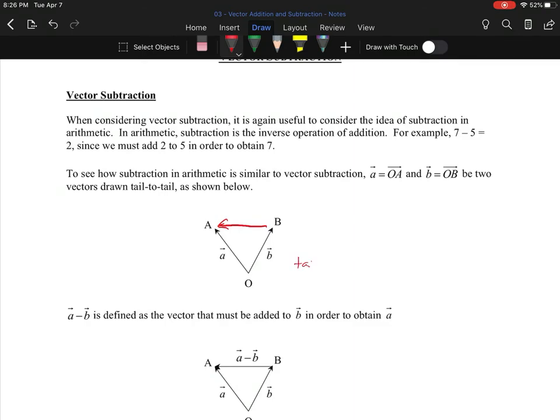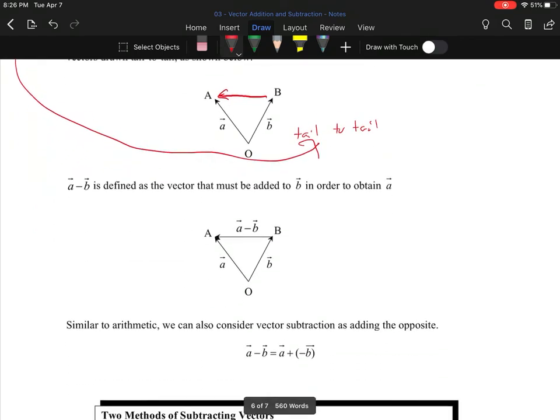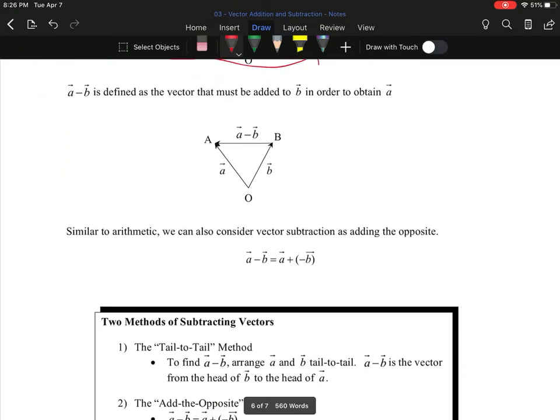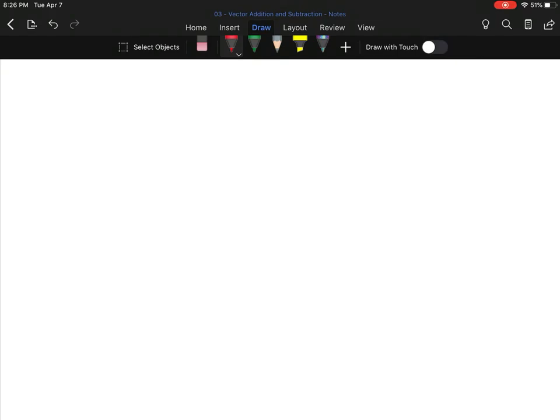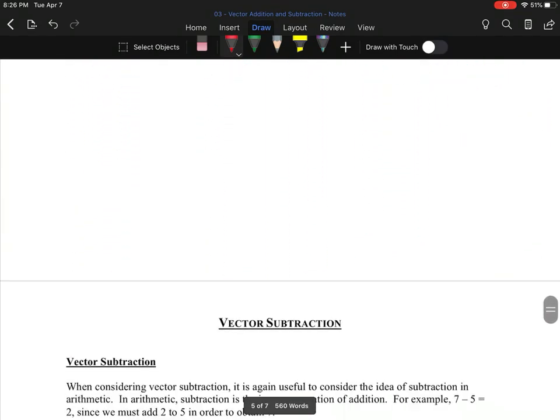Because it's the inverse, it's actually going to be tail to tail when we do vector subtraction. So vector subtraction, we do tail to tail. And we're looking for the vector you add on to B to get to A. Just like here, look for the number you add to 5 to get to 7. So there's another picture of that below.